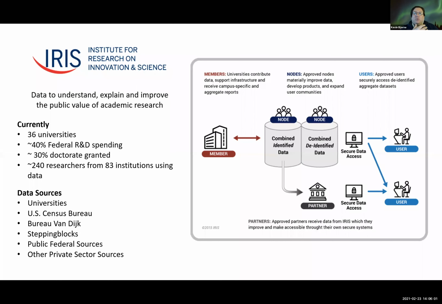What happens to them? What do they do? What kind of impacts do they make on the economy? And then a variety of other public sector sources, the NIH, the NSF, places like that. We try to pull down that data, link it with our data, and derive some important and useful metrics from that that we then provide back to our members.